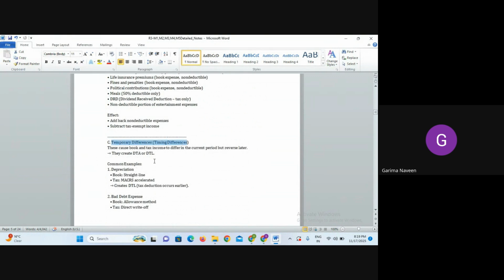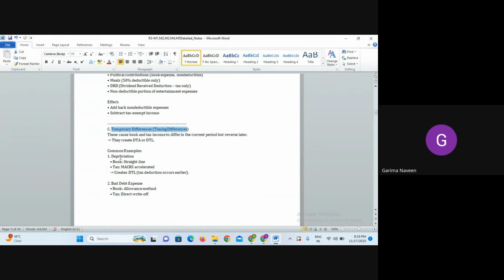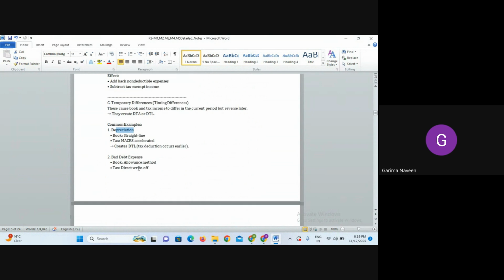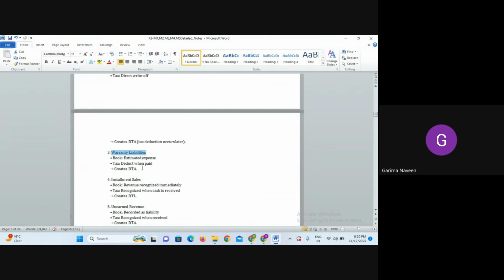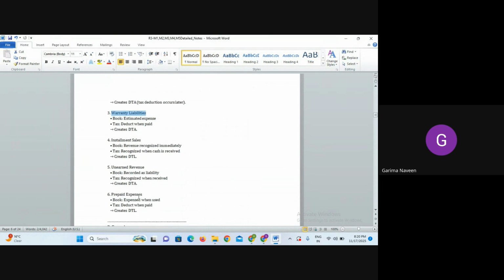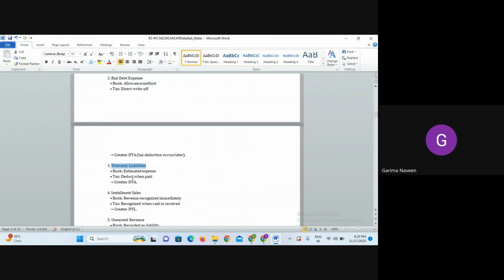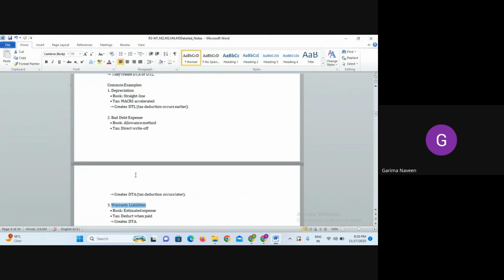Similarly, temporary differences are due to timing differences, like depreciation method, bad debt expenses, warranty liabilities, unearned revenue, prepaid expenses. Because for tax purposes, you recognize your income when it is received and your expenses when you have actually paid them. Okay.